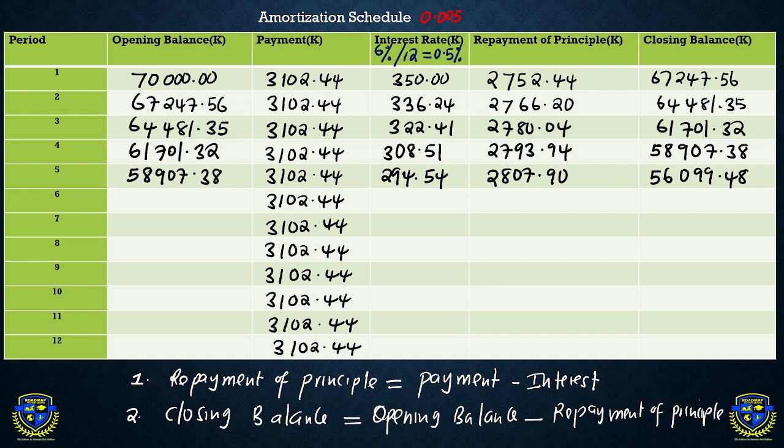Now we continue. The opening balance is going to be 56,099.48. Multiply this by the interest rate, which is expressed as 0.005. That is period 6. We're going to get 280.50.